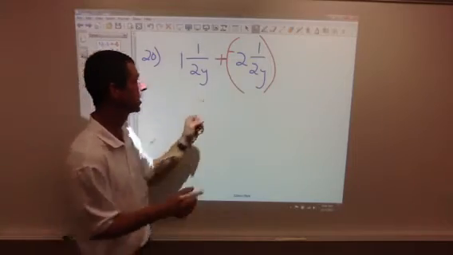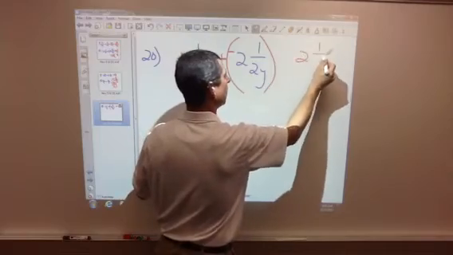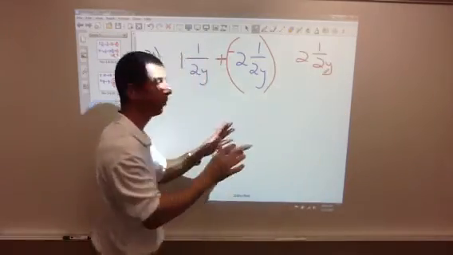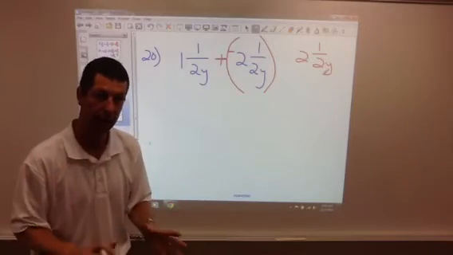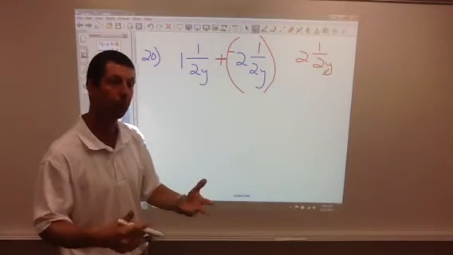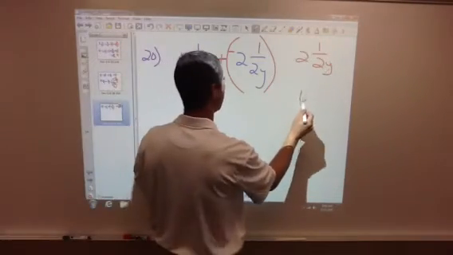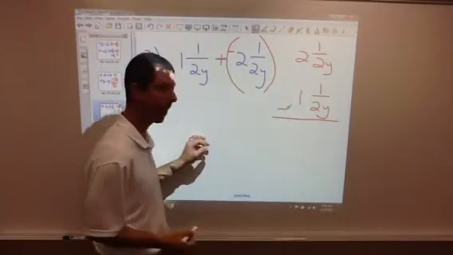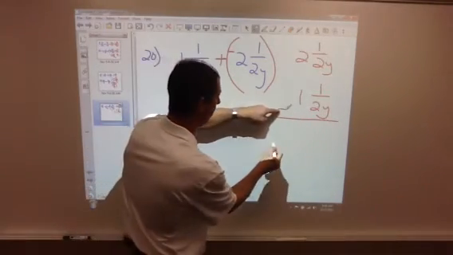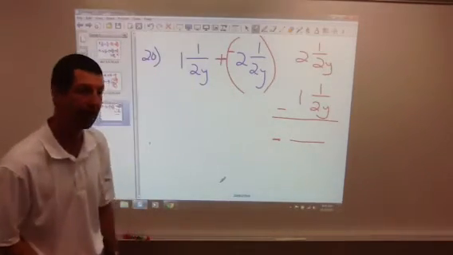So I have to put this number up on top because it's further from 0 on a number line. I'm not even going to put any negative signs with it. I know right now I have to subtract and my answer is negative. That's developing a plan before you even start and then just carrying it out. So here now we have 1 over 2y. Once again, I have to subtract, so I put a subtraction sign. I know my answer is going to be negative, so I'm going to put my negative sign so I don't forget.